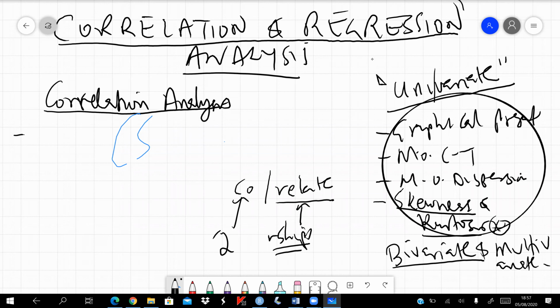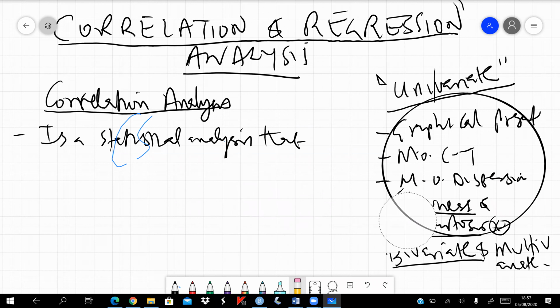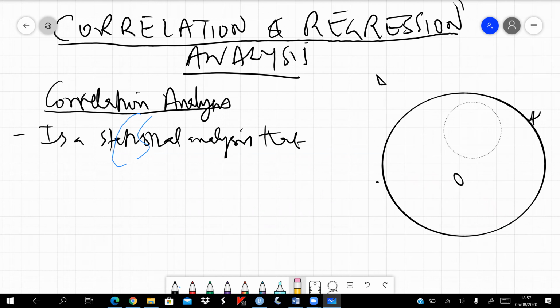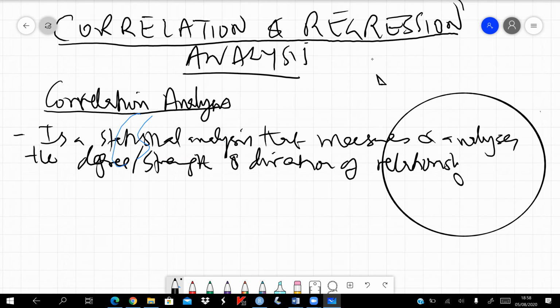I can say that correlation analysis is a statistical analysis that measures and analyzes the degree or strength and direction of relationships between two variables.